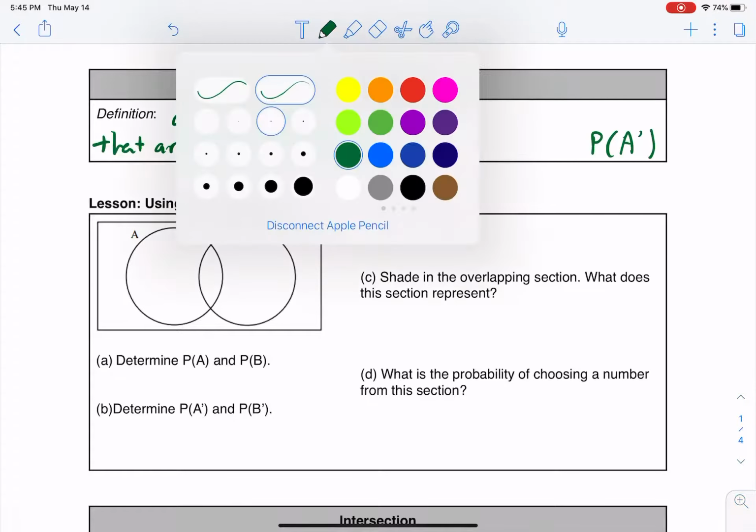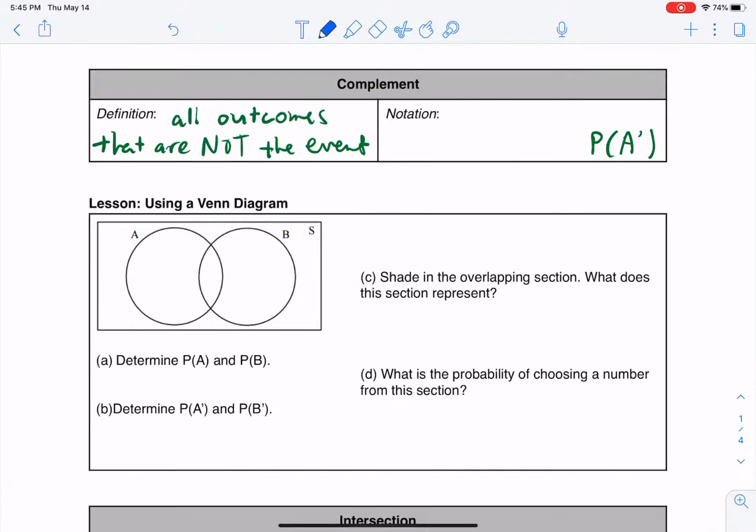I'll write what P of A prime describes under where we see notation. So again, P of A prime describes the probability of the complement of event A occurring.